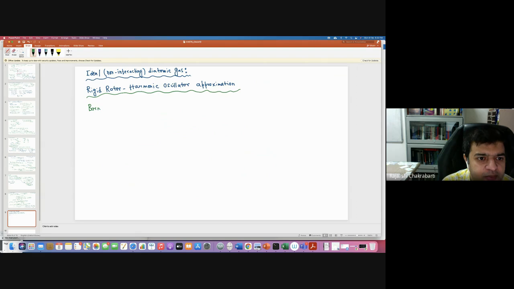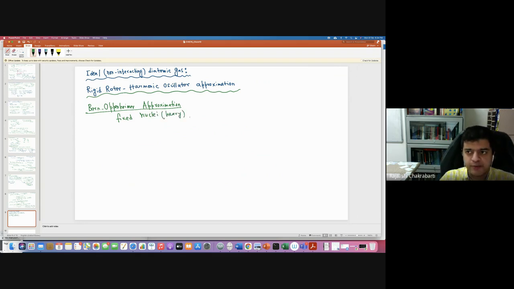I think all the chemists would know this. So nuclei are fixed because very heavy. So nuclei provide a field, and under this field these electrons are moving. So I can have what is known as internuclear potential energy.